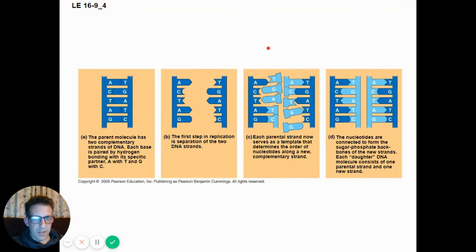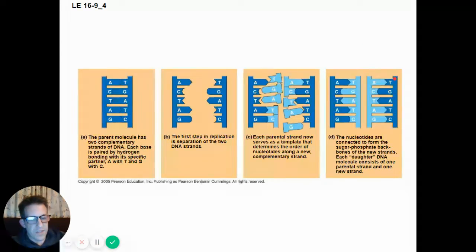If you think about what semi means, it means half. Half of this original DNA strand is conserved in this new DNA strand. The other half, this side right here, is conserved in this DNA strand over here.